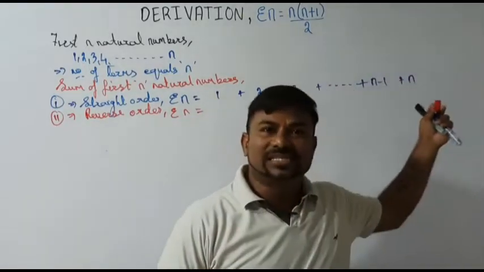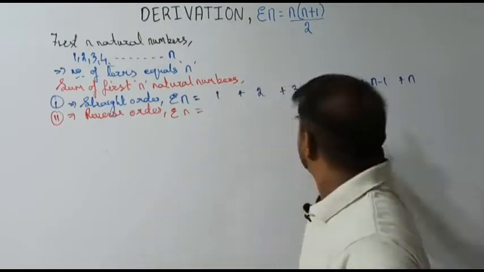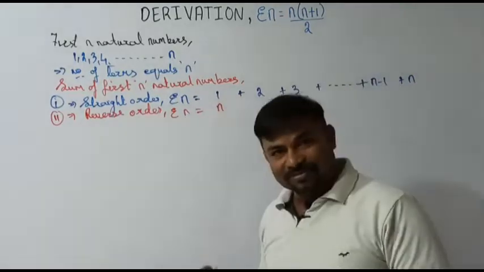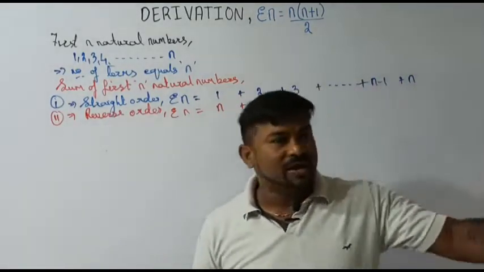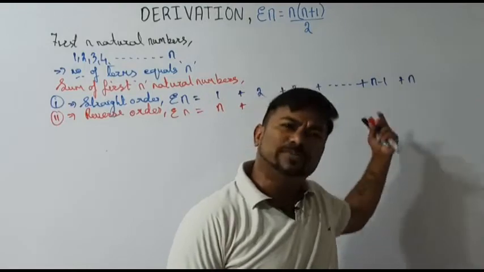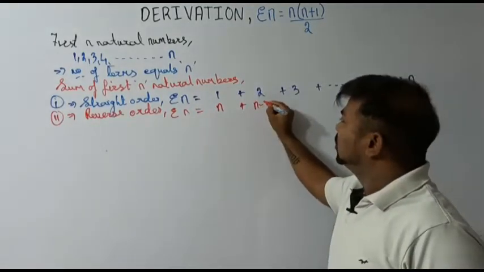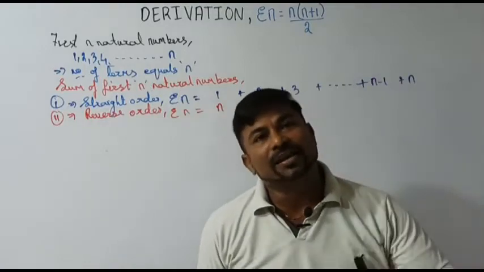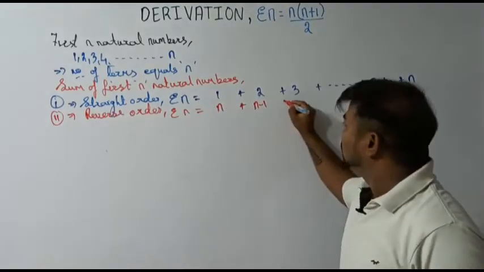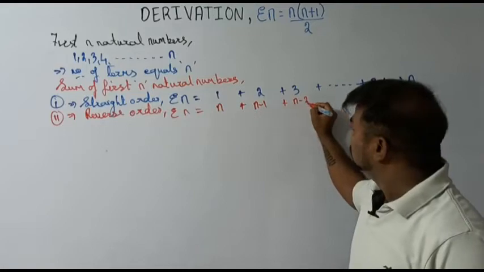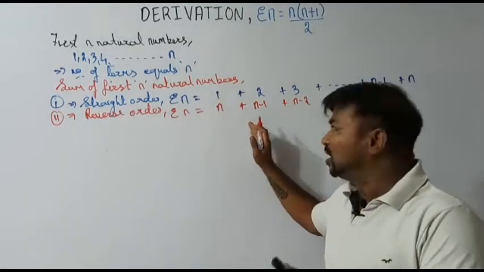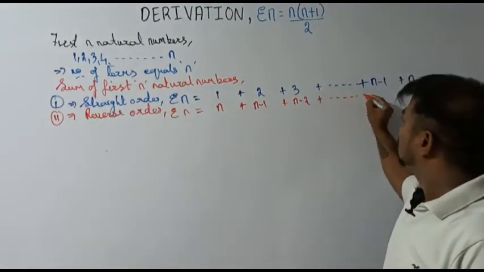Just taking the last term as first. Which is the last term? It's n. The term just preceding that is one less, n minus 1, and then n minus 2, and so on.